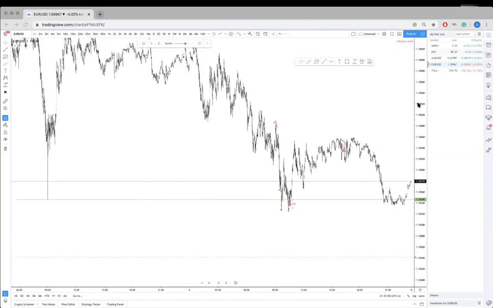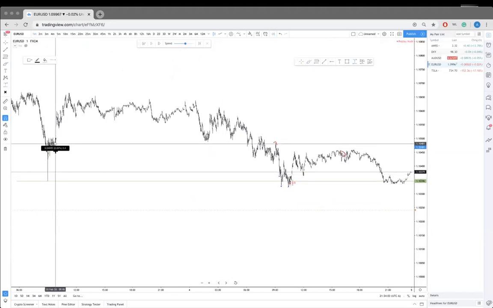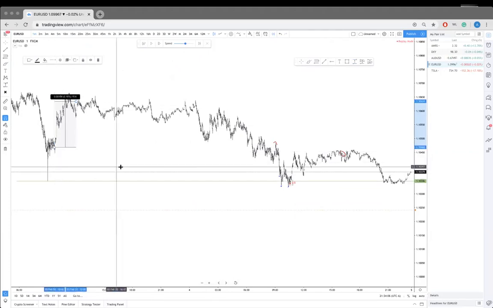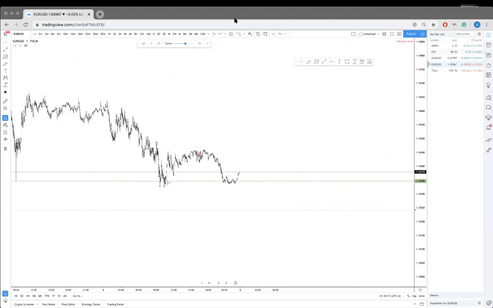Because either way, I did partial out of this entry that was around here, like 15 pips. But it's just the fact that we want more information to project bias, if that makes sense.